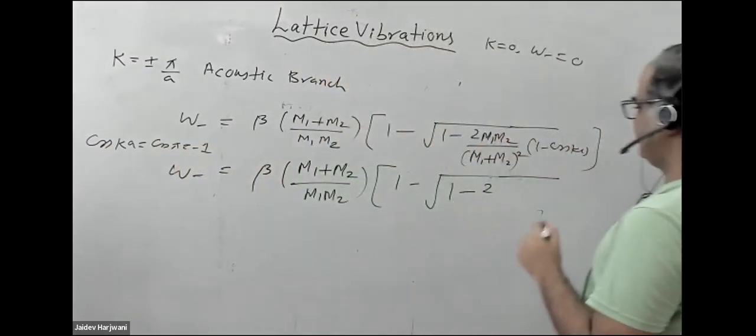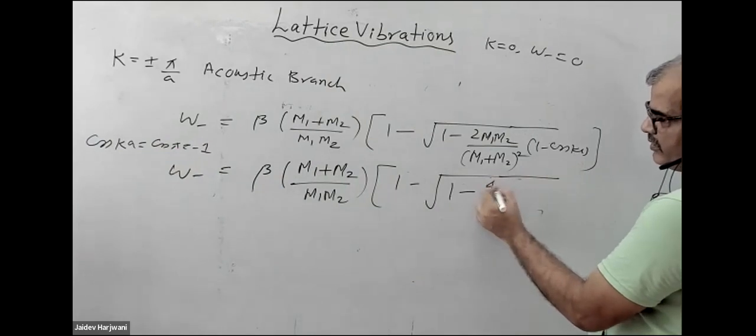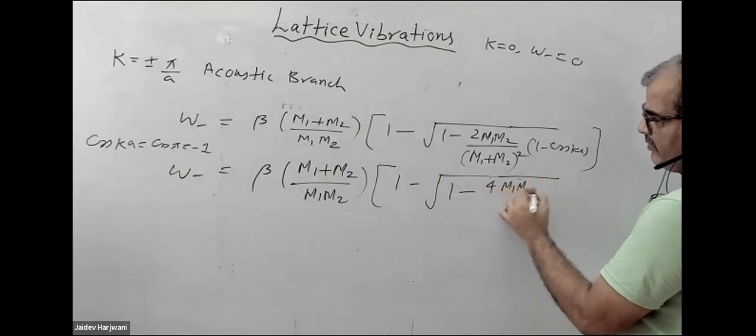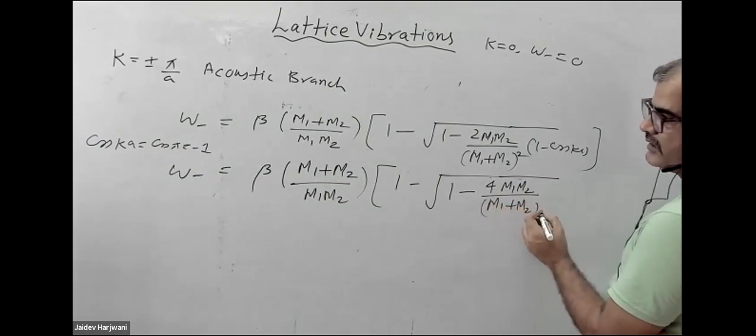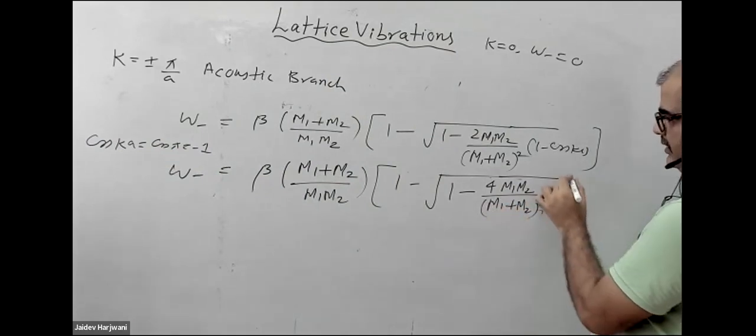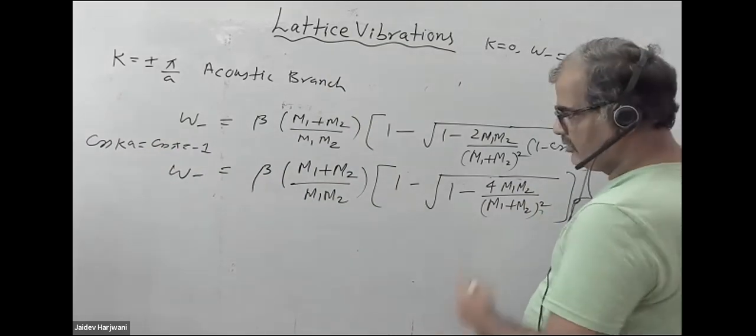So this becomes 2, and this becomes 4 m1 m2 upon (m1 plus m2) square, isn't it? Now solve this one.